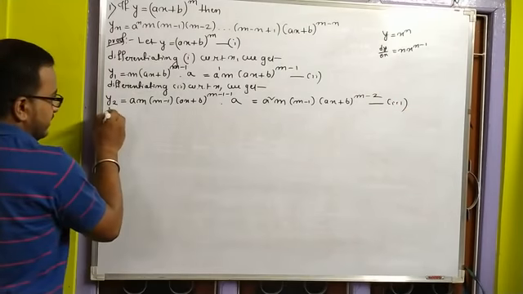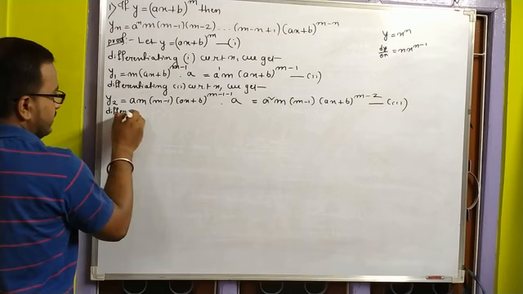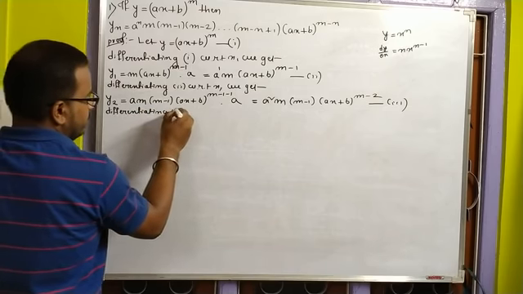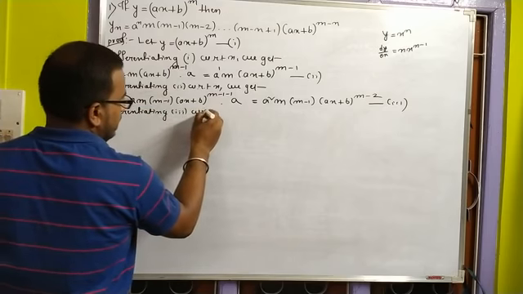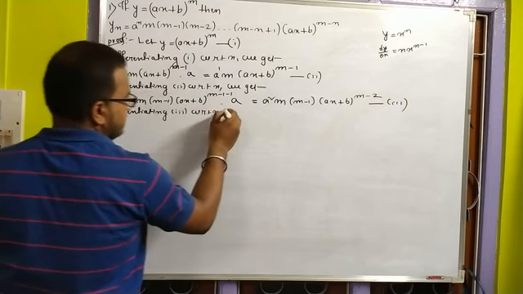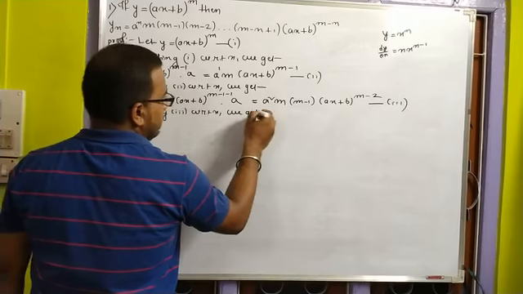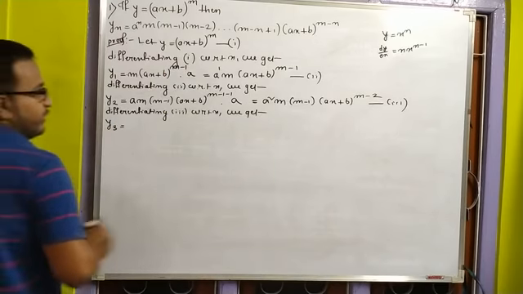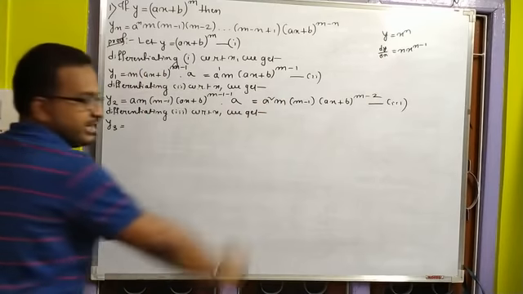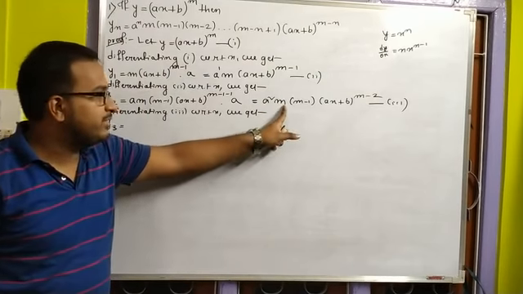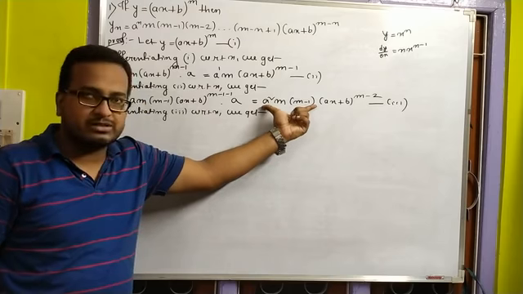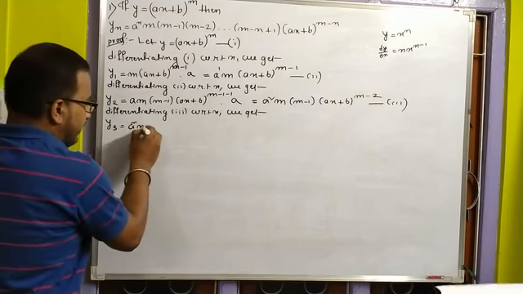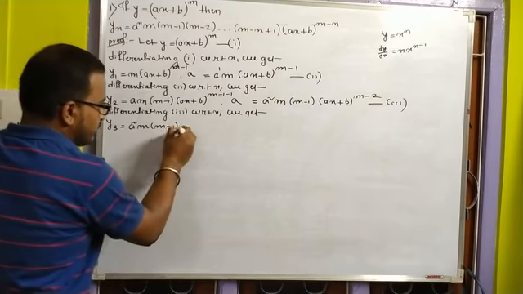Again differentiating 3 with respect to x, we get y3. So y3 will be what? You can differentiate this. These two terms are constant, right? A square into m minus 1. These three terms are constant, so you can keep these terms here. So a square m into m minus 1, right?